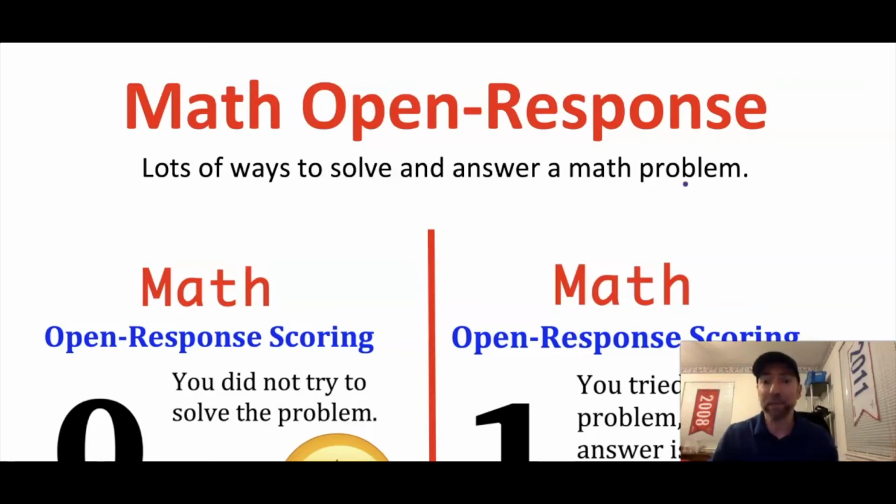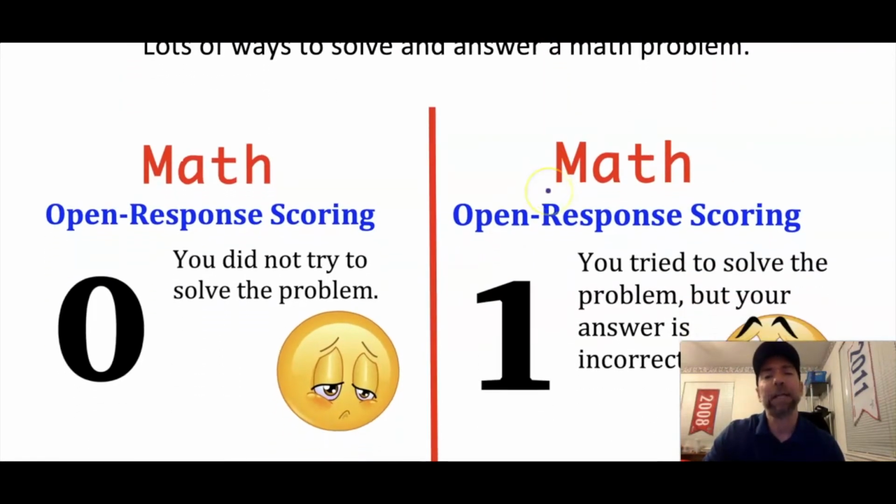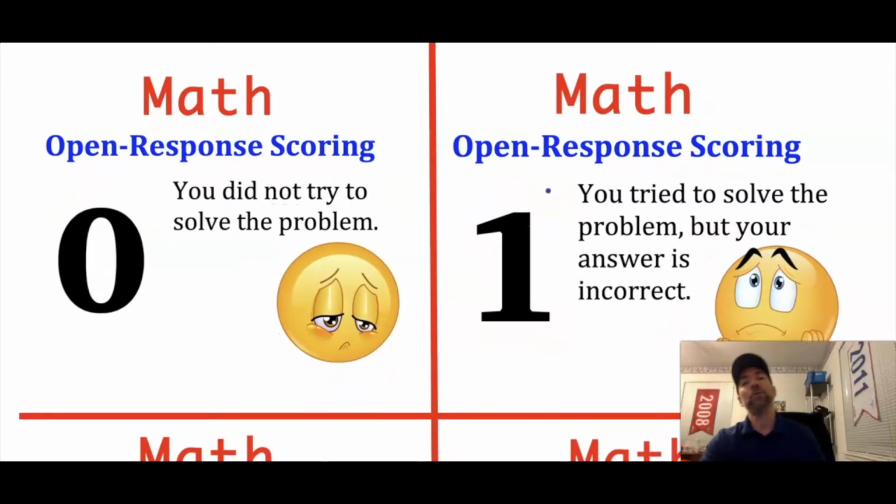Whenever you complete an open response, you get scored a little differently. You get scored using 4 points. If you score 0 points, that means you did not try to solve the problem. In first grade, every mathematician tries. That's a good thing.